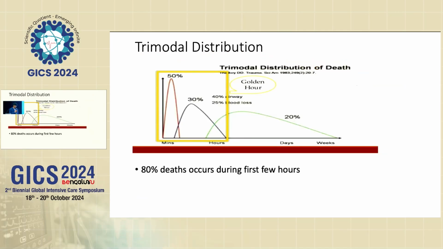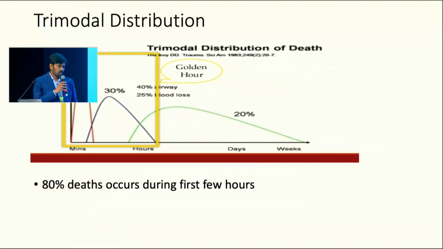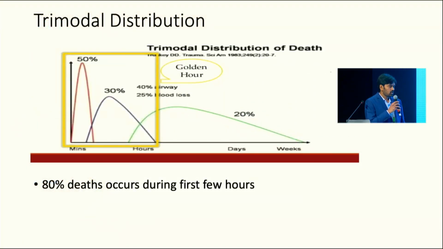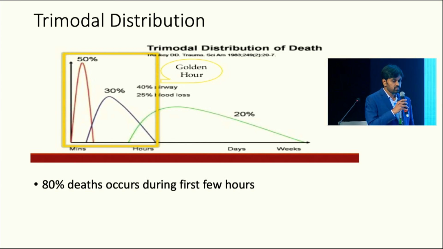And with this, we'll go into the mortality in trauma, which classically follows the trimodal distribution. If you look at the mortality in trauma, it has 3 peaks: the early peak, the late peak. The early peak happens because of the immediate trauma-related injuries, and majority of the patients don't reach the hospital. They will be either dead in the field, or while they reach the hospital itself, they will be moribund.